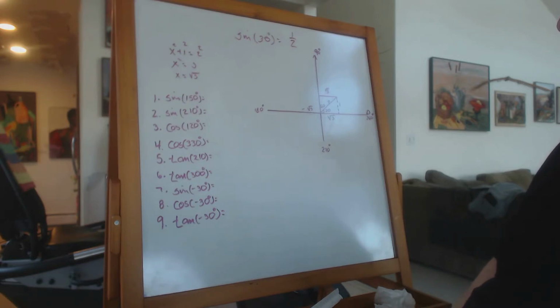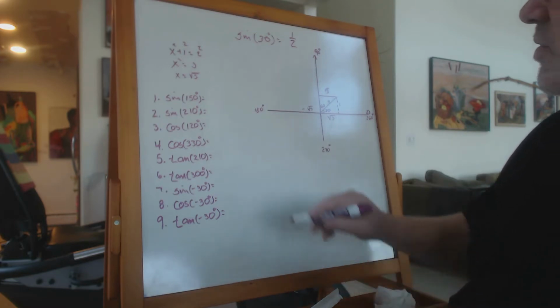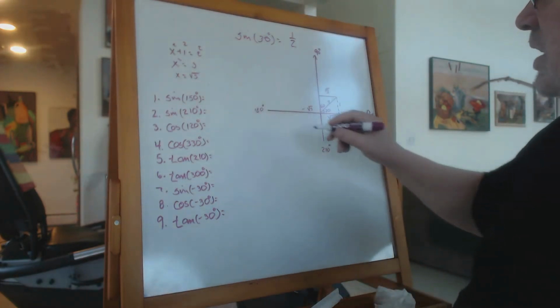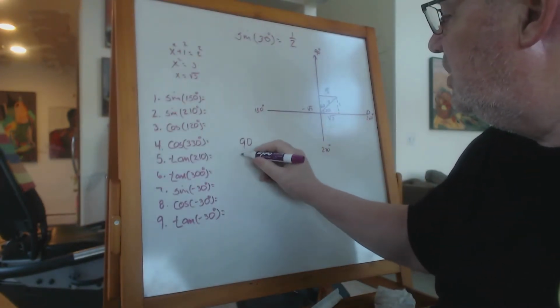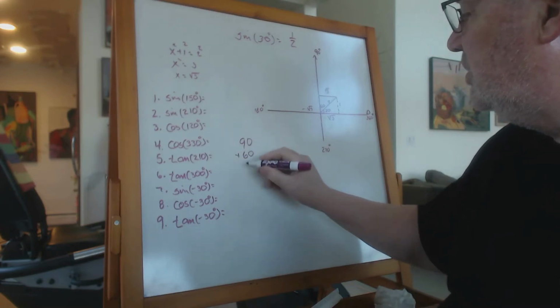Now, with some of these problems, we know, for example, that 150 is equal to 90 plus 60.